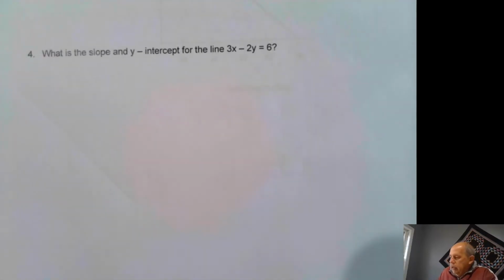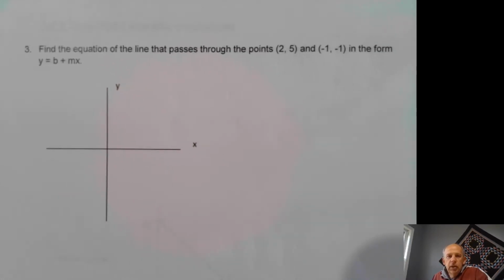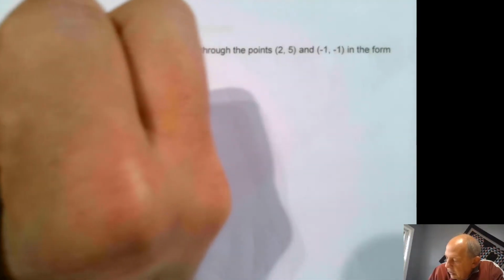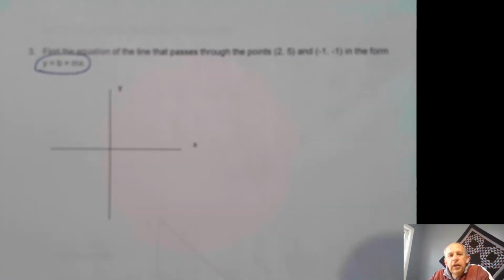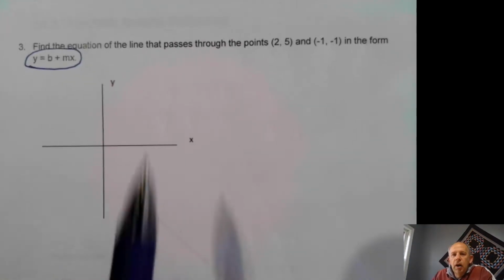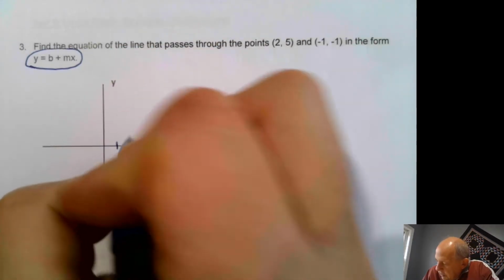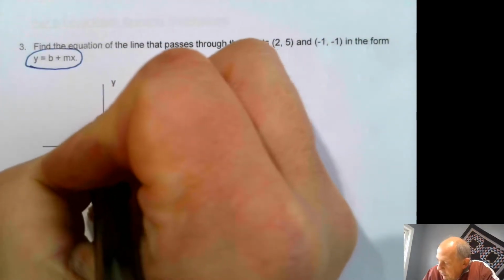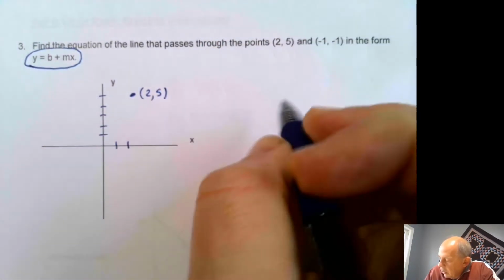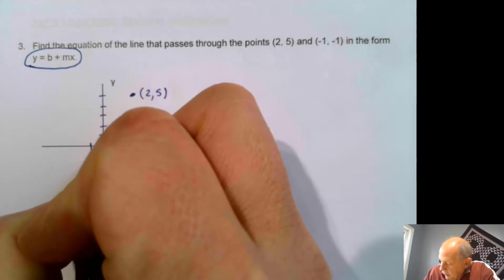Let's take a look at another example that I have with 2 points. I want to find the equation of the line in y is equal to b plus mx form of the line that passes between these 2 points: positive 2, positive 5, and negative 1, negative 1.